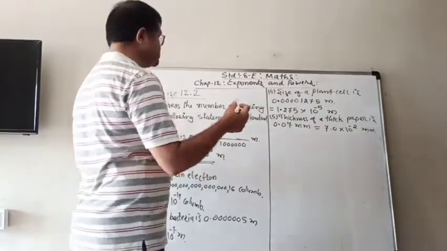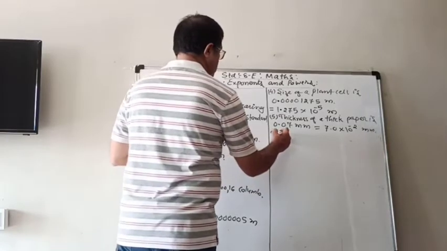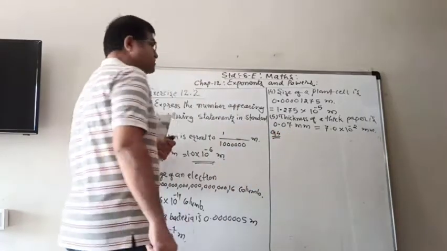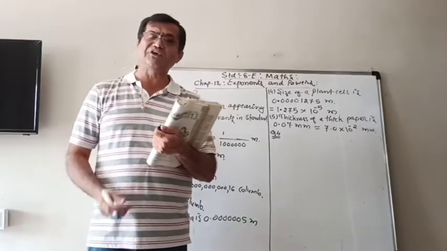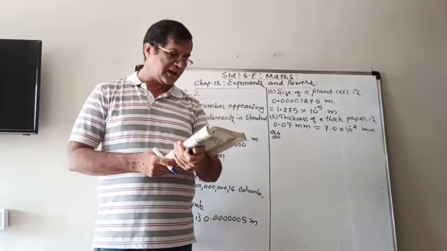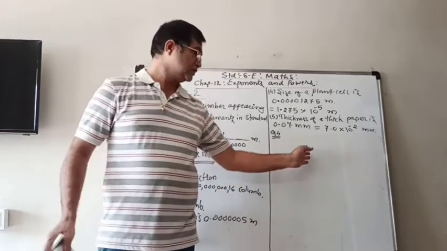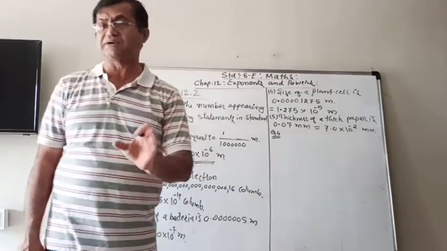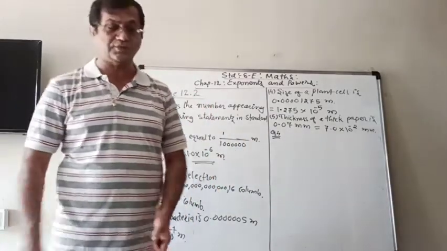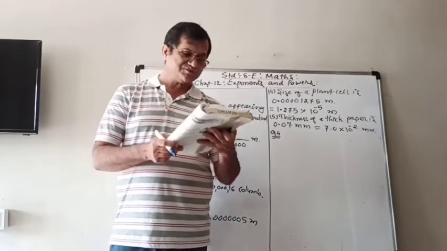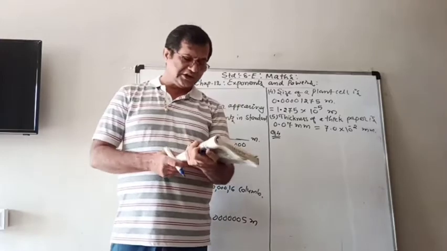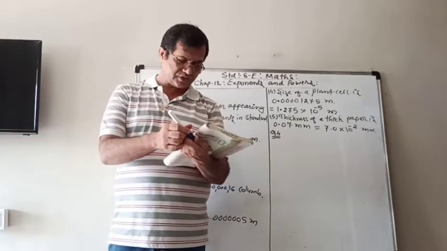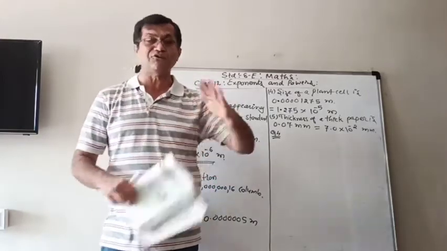Now the last question. The question is very long, so I am not writing the question, but first I will read that question, and when you are writing in your notebook you can check the question from the textbook. It says that in a stack there are 5 books, each of thickness 20 millimeter.